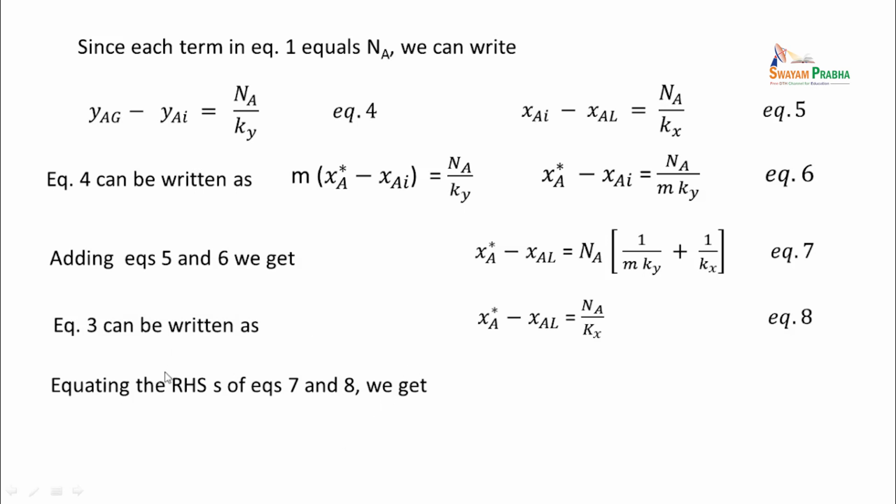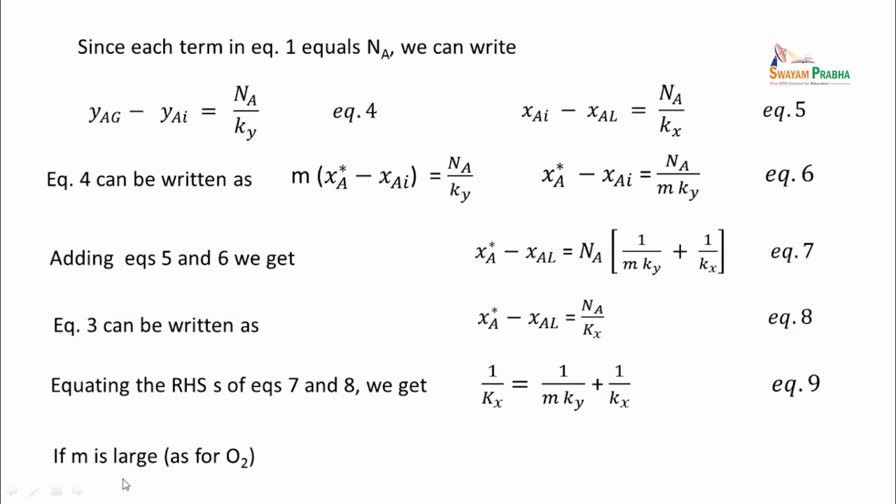Equating the right hand sides of equation 7 and 8, because Xa star minus Xal is Na by Kx in equation 8, in equation 7 it is different. The left hand sides are the same, therefore we could equate the right hand sides. We get 1 by capital Kx is 1 by M small ky plus 1 by lowercase kx, equation 9.